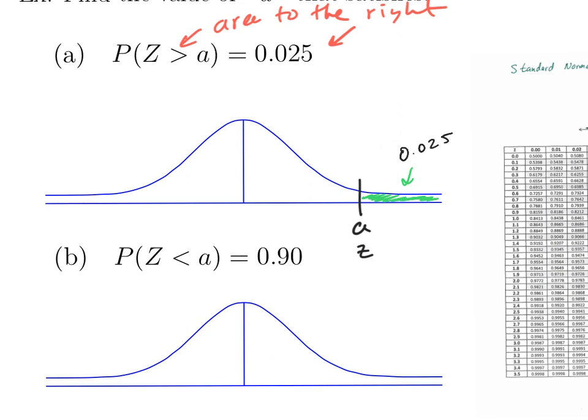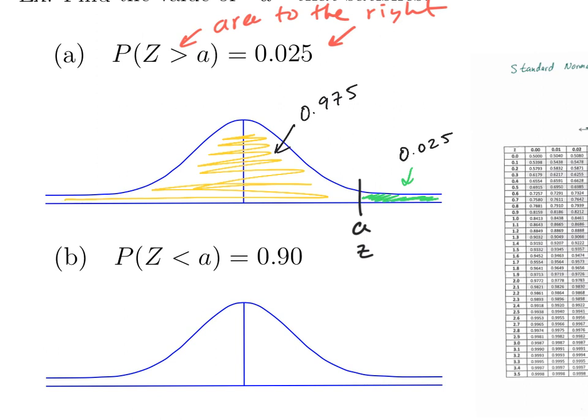Remember, the table is only going to work with the yellow area. What is the yellow area then? 0.975, right? Okay? 1 minus 0.025. Okay?